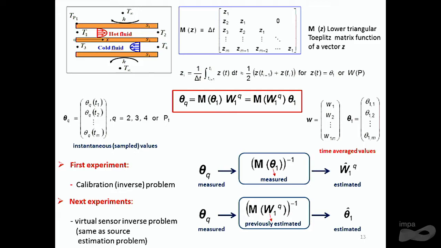And here you see a very special type of matrix. It's a lower triangular Toeplitz matrix. What is nice is that it's formed only with the argument. Here, for example, if I consider M of Z, you have Z1, Z2, and so on, and you just move by one line, and so on. So it's triangular. One vector gives birth to a square matrix.